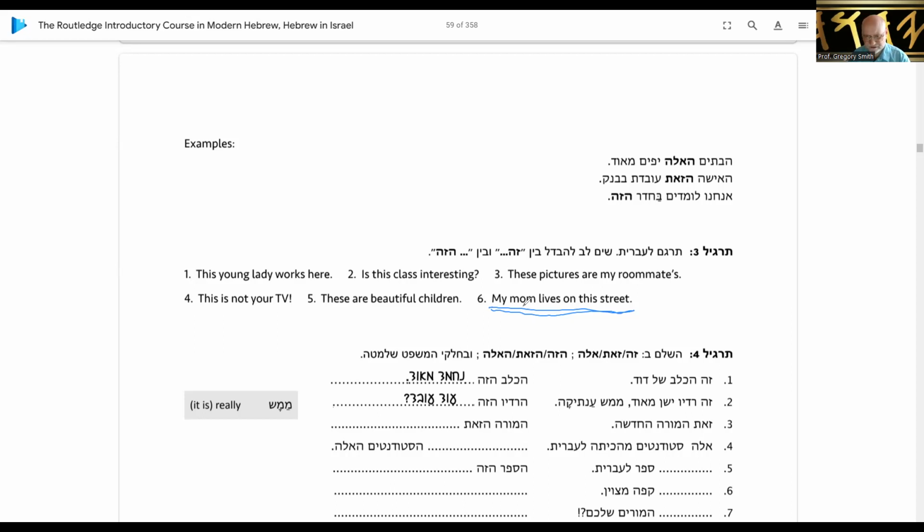Lives, this, and then rechov. My mother lives on this street. So ha'ima shali gara zeh rechov. Okay, well, I don't know. Maybe I'll get one right. Wouldn't that be great if I got one right on this?